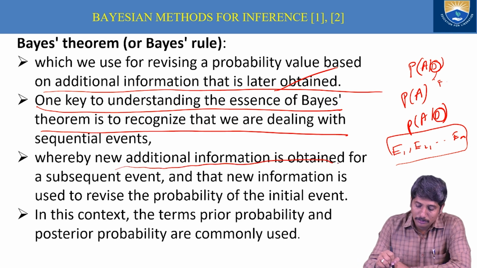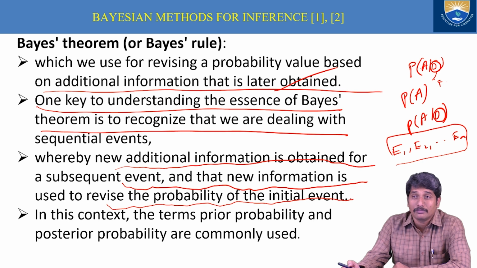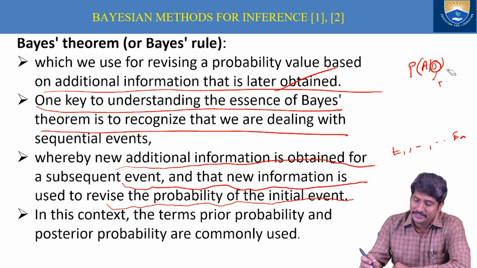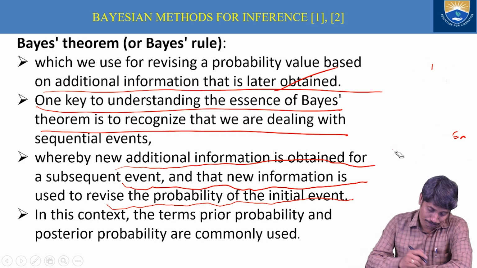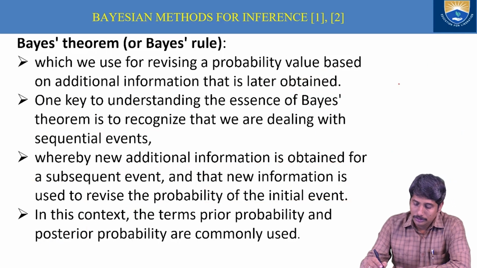Whereby new additional information is obtained for a subsequent event, and that new information is used to revise the probability of the initial event. How do you revise the probability based on this additional information? Simple. You construct a conditional probability. Suppose A has happened.